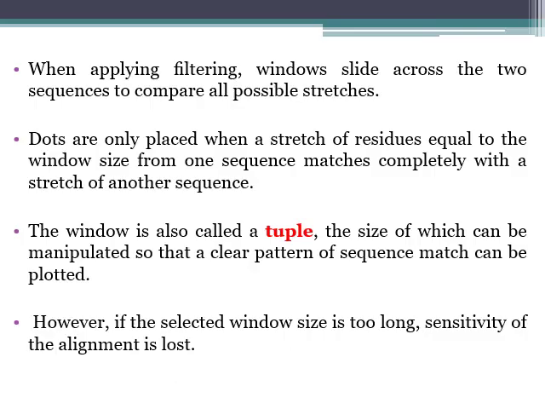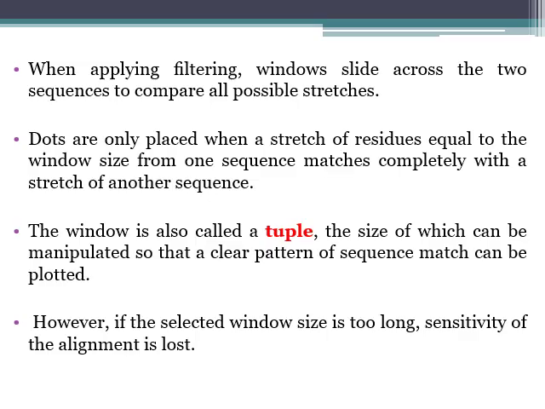When applying filtering, the window slides across the two sequences to compare all possible stretches. Dots are only placed when a stretch of residues equal to the window size from one sequence matches completely with a stretch of the other sequence. The window is also called a tuple. The size of the tuple or window can be manipulated.